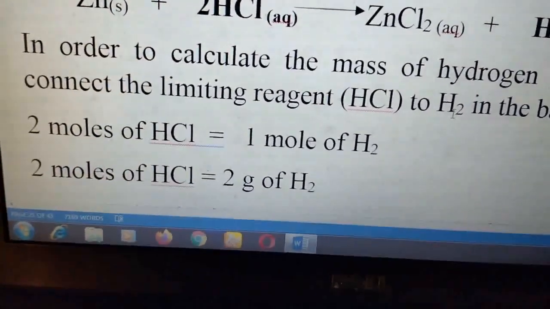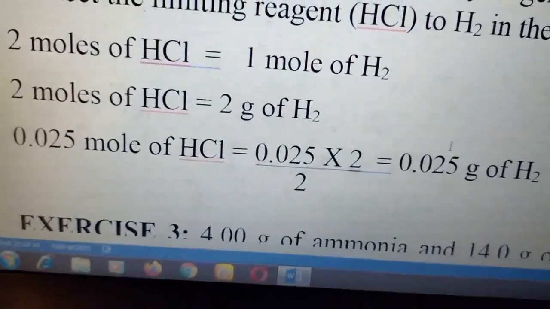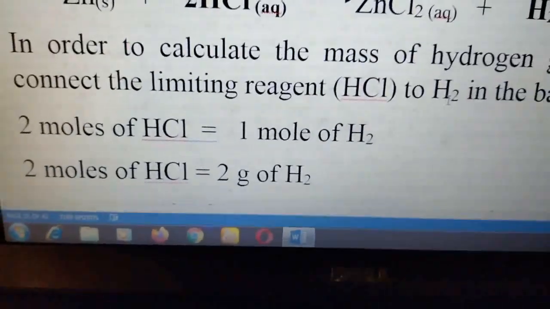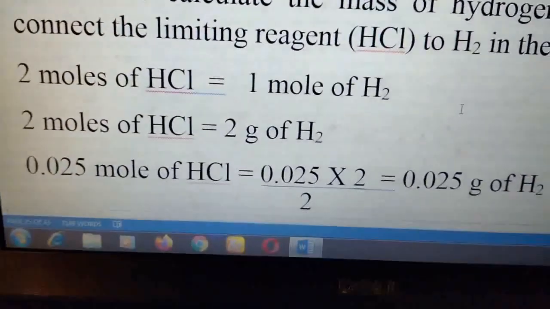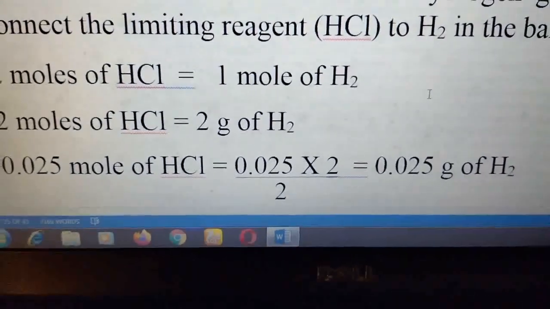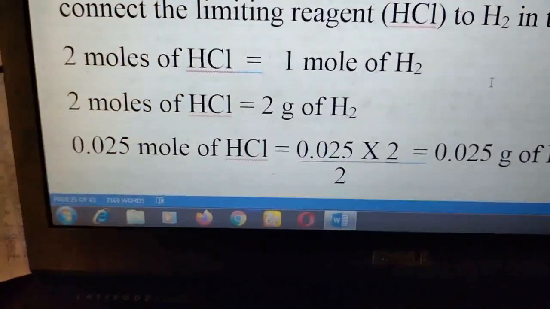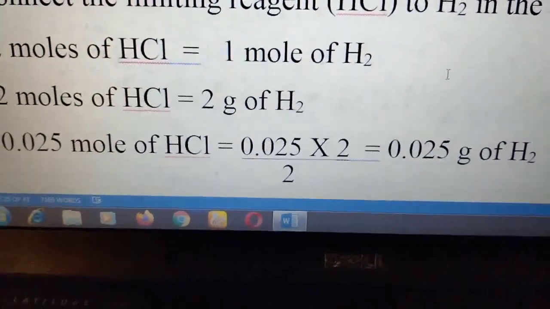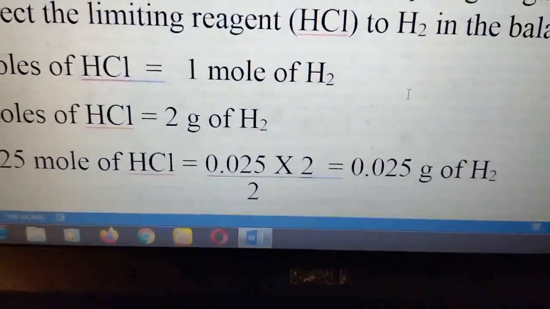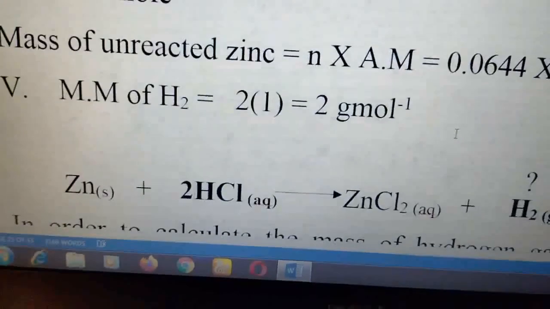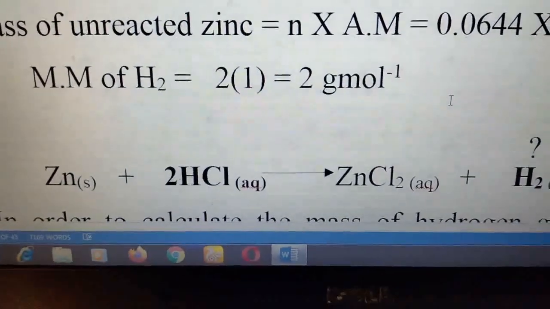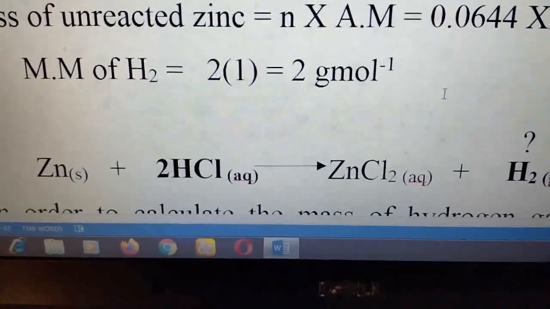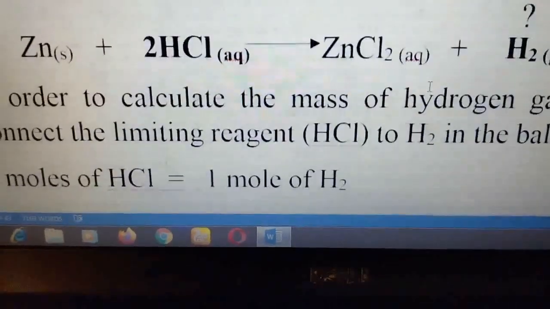Then we can now convert the mole to mass. 2 moles of HCl gave us 1 mole of hydrogen gas, so 2 moles of HCl gave us 2 grams of hydrogen gas. How do we get the 2 grams? The 2 grams of hydrogen gas is the molar mass, the molecular mass of hydrogen gas obtained above: 2 times 1, 2 grams per mole. And you know that 1 mole of a compound is equal to the molar mass.